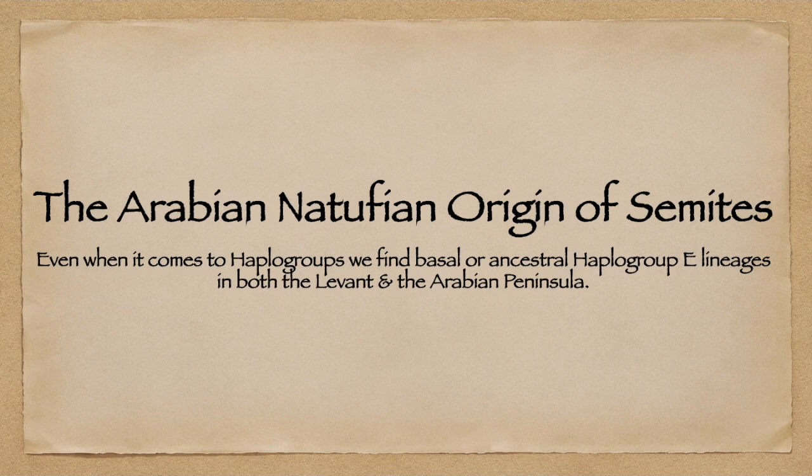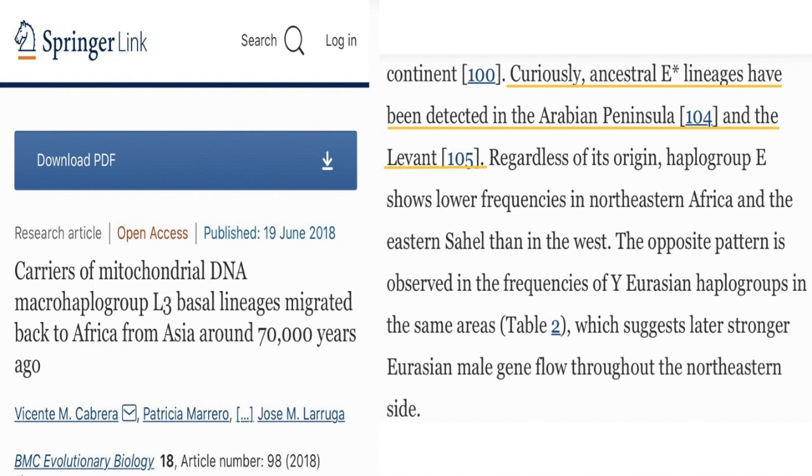Even when it comes to haplogroups, we can find basal or ancestral haplogroup E lineages in both the Levant but also in Arabia. Ancestral lineages of E are in the Levant and Arabia. This is from carriers of mitochondrial DNA microhaplogroup L3 basal lineages migrated back to Africa from Asia around 70,000 years ago.